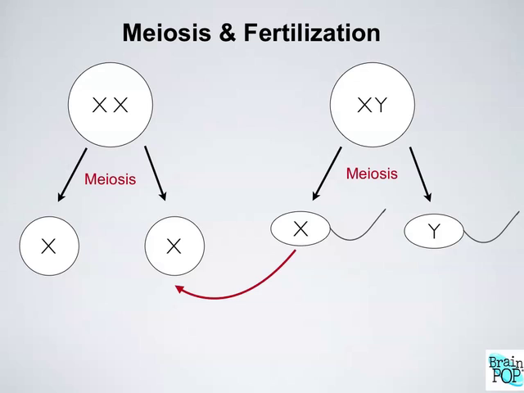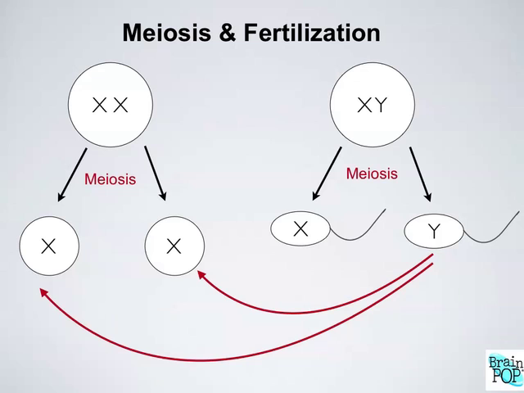So let's say this sperm cell happens to fertilize an egg. What is the result? Female. Or if it fertilizes this egg cell, again, 2 X chromosomes, that's a female. But if it's a Y chromosome sperm cell that fertilizes the egg, we end up with males. So it's the male that determines the gender.